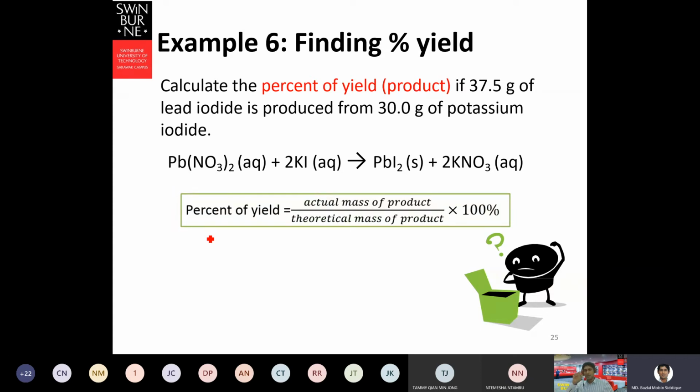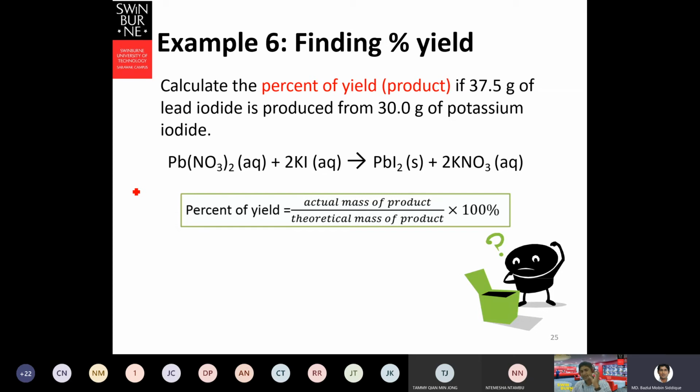So theoretically, if we calculate the product from the reactant, we see that this much product will be produced, but in the actual case, that is not so. The actual product produced is always less than what we calculate.